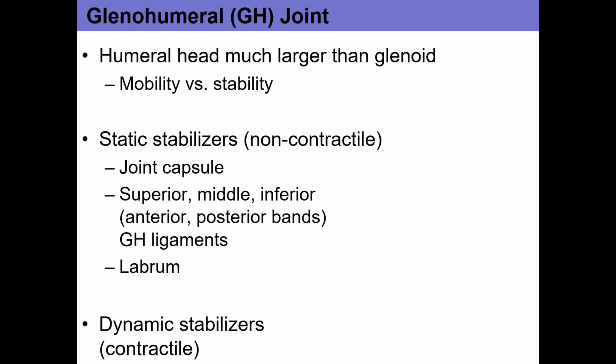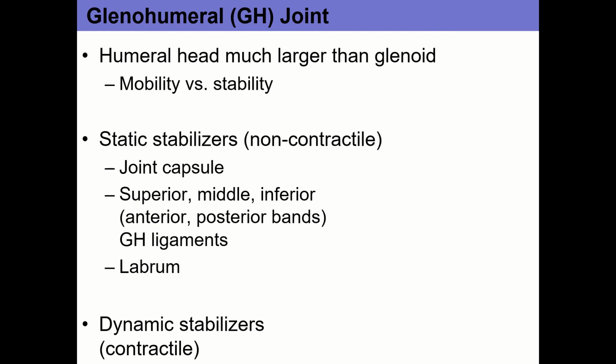So the shoulder then, really mobile, not very stable, and so it's one of the more commonly dislocated joints, particularly in a sporting context. So depending on the sport we're talking about, maybe the second most commonly dislocated joint. So in a sport like football, the finger joints typically are pretty commonly dislocated, but behind the little joints of the fingers is usually the shoulder. So not a lot of stability there.